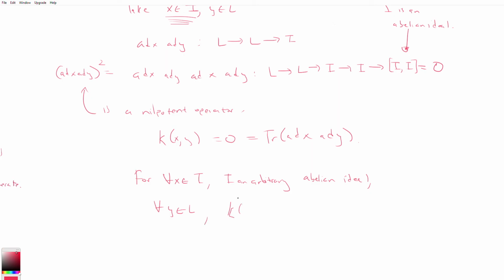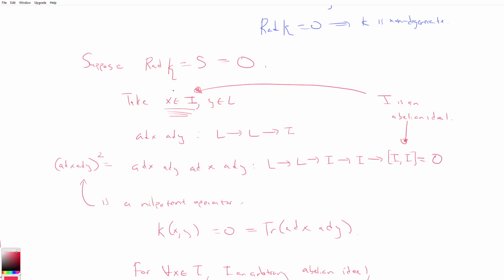We have that kappa, we just saw here that kappa of x comma y is equal to 0. So kappa of x comma y is equal to 0, so this means that x, by the definition of the radical, is an element of S, but the radical of the bilinear form, right? And so what we see is that x is an element of S, but what are the elements of S, right? It's just 0.